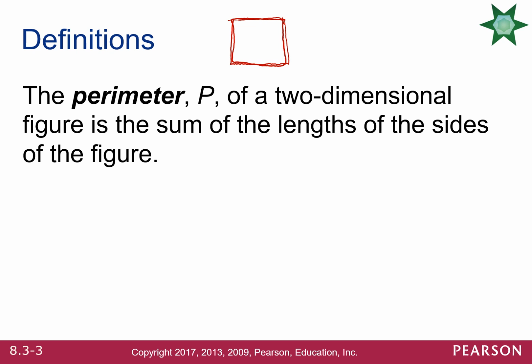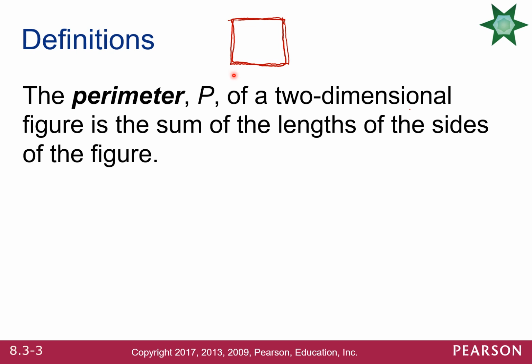So when do we need to measure the perimeter of a figure? Let's say you have a rectangular lawn in your yard, and you want to put up a fence around the yard. Then you will need to find the perimeter. You don't put the fence inside your yard, you just put it around your yard.